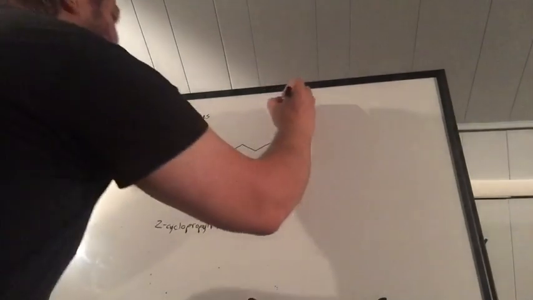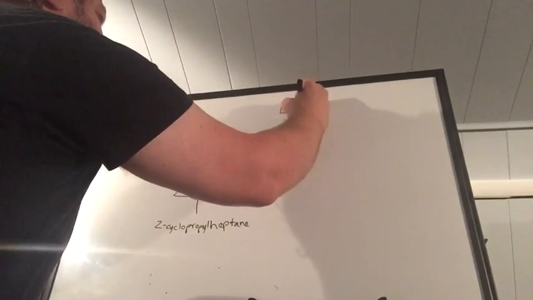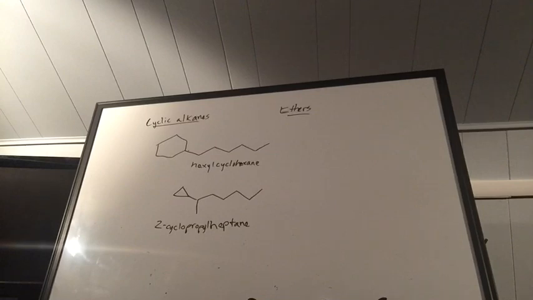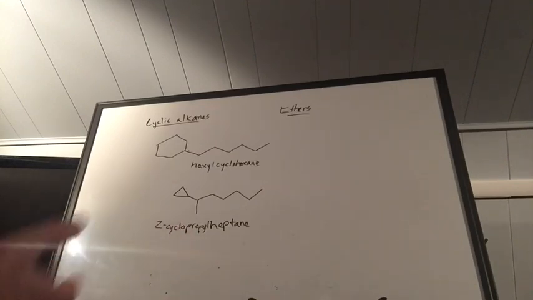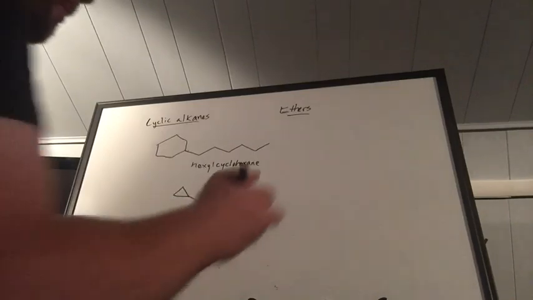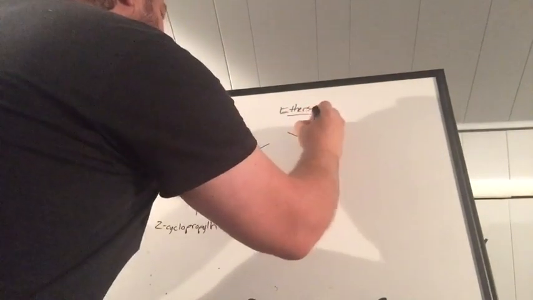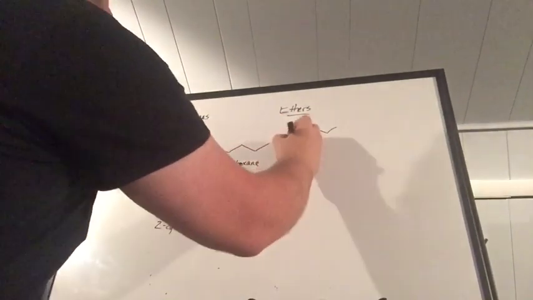Okay, so let's get into ethers as well, because those are kind of easy to knock out. So you're going to see some symmetric ethers, right? I'm sure you guys have heard of diethyl ether. So that's going to be diethyl ether.